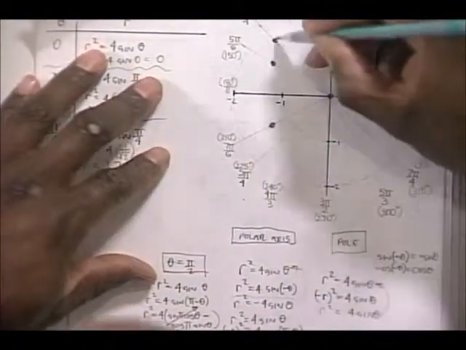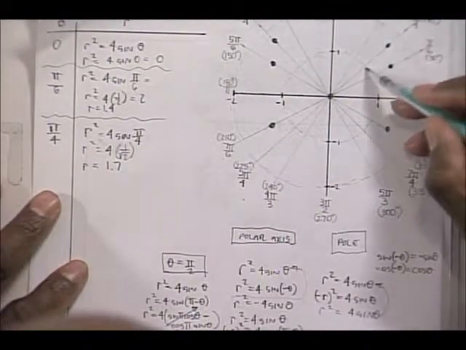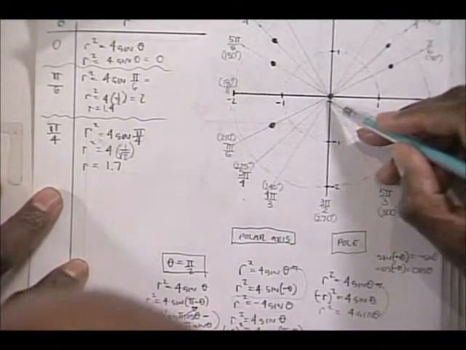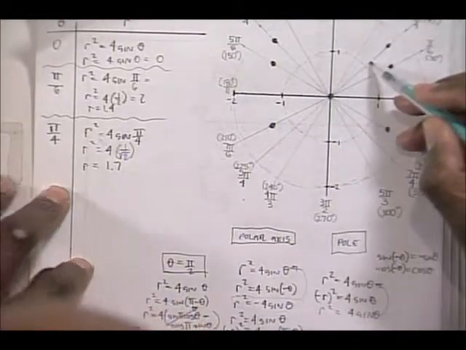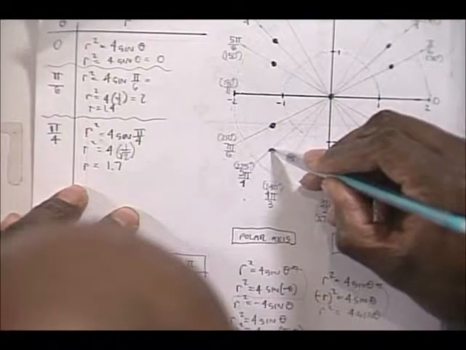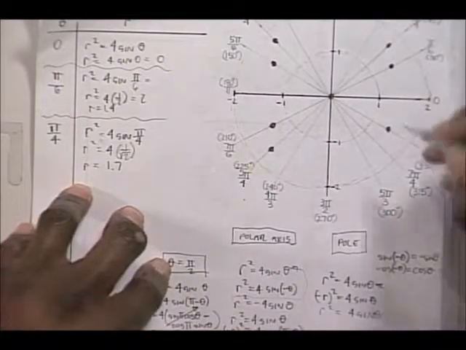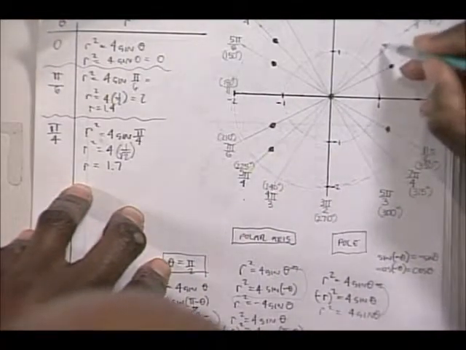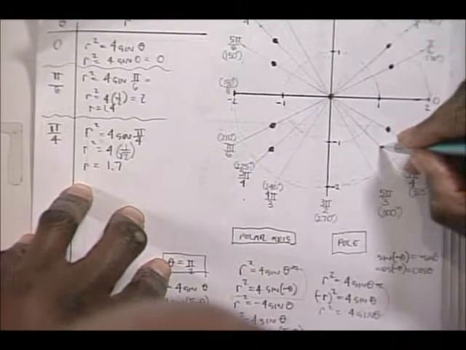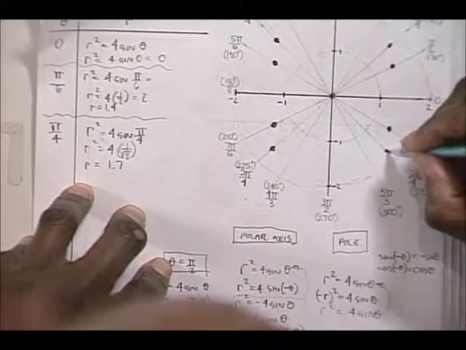This is also symmetric about theta is equal to pi over 2, or the pole, excuse me. So this would extend out about 1.7, about right there. And this would extend about 1.7 across the polar axis. That's about 1.7, about right there.